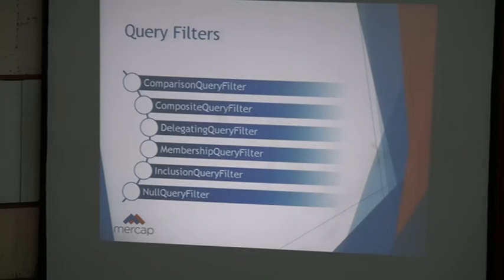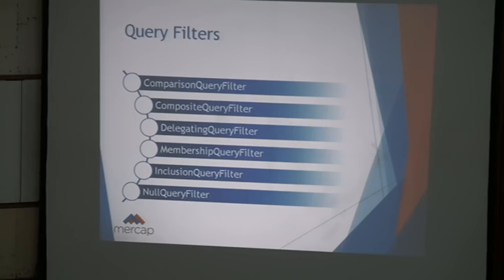We implemented a variety of query filters. Here are some examples. Comparison query filters, the one we saw before. It's sending a message and then that result compared to a Boolean operation. Composite query filters for composing if you need both either and or operations.